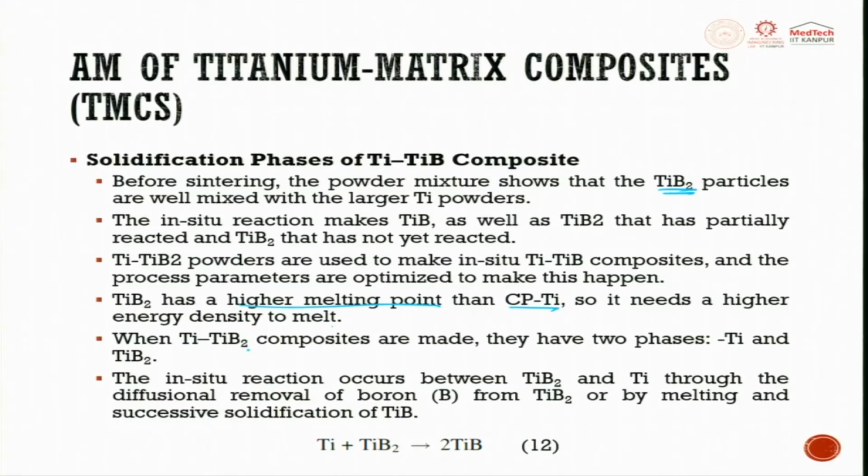When Ti and TiB2 composites are made, they have two phases, Ti and TiB2. The in situ reaction occurs between TiB2 and Ti through the diffusional removal of boron from TiB2 or by melting or successive solidification of TiB. So, Ti plus TiB2 forms TiB.